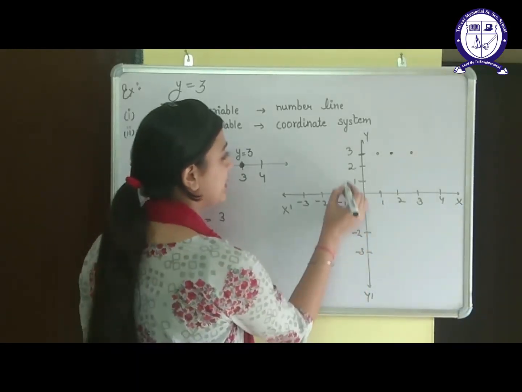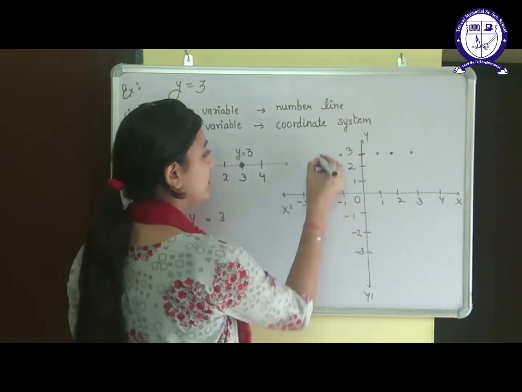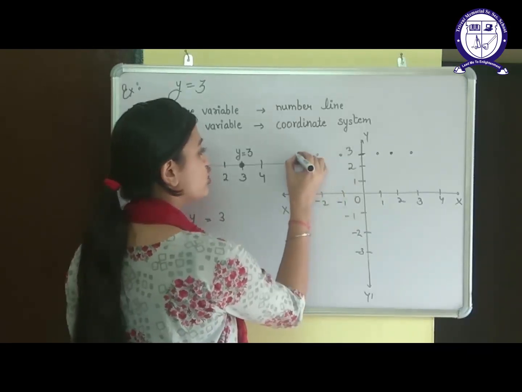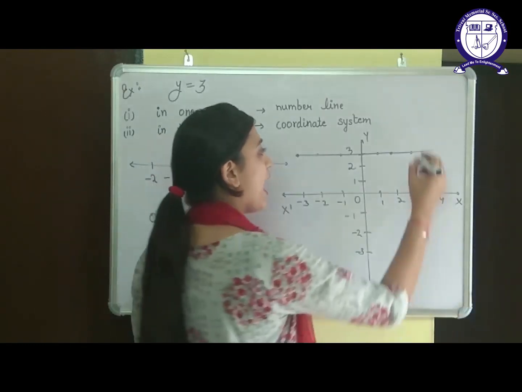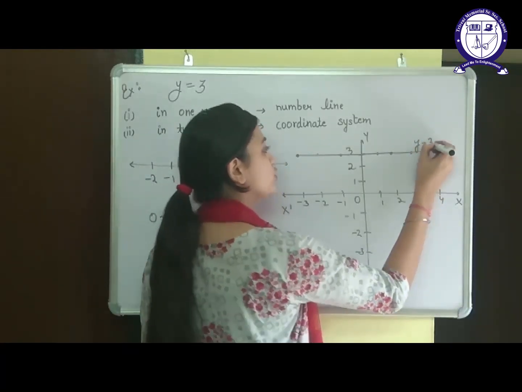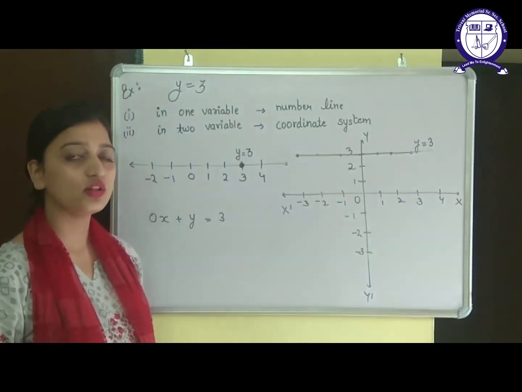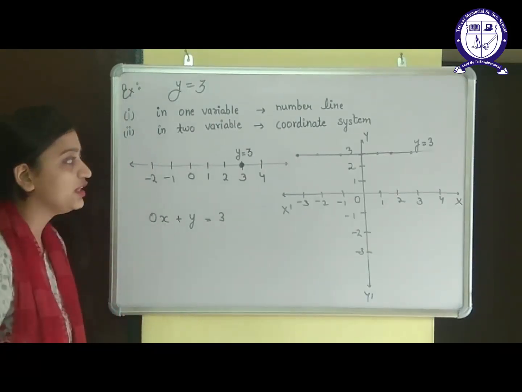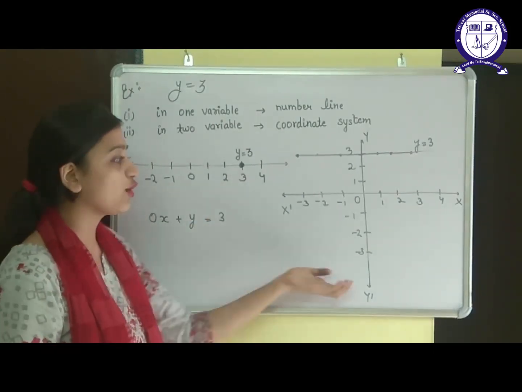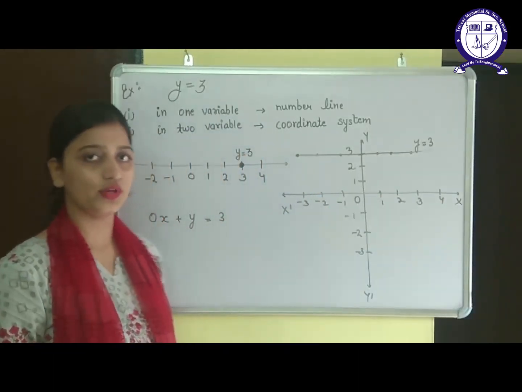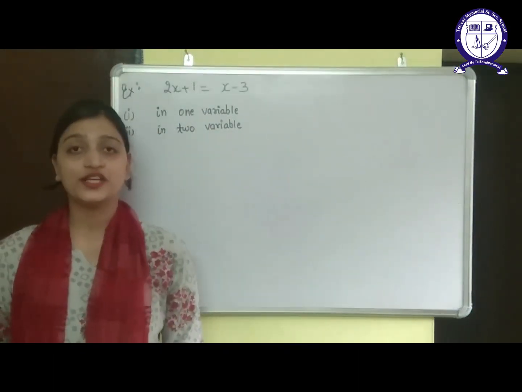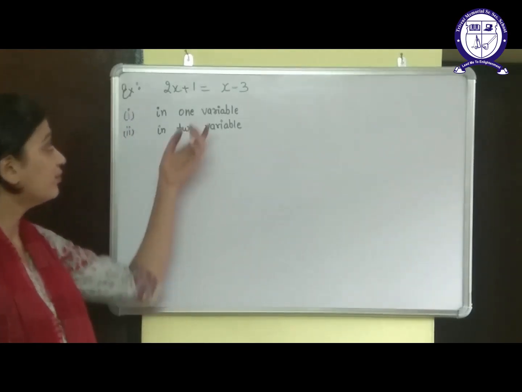If I take -1, it will be 3. -2, it will be 3. Joining all these points, I will get this straight line and this will be my y equals to 3. So on the number line, it will be a point, but in the coordinate system, it will be a line passing through that point.